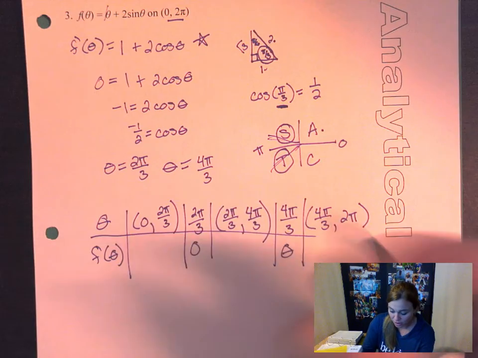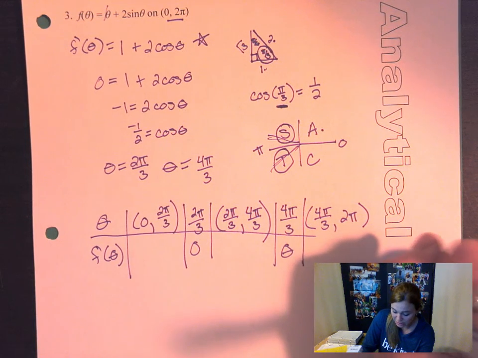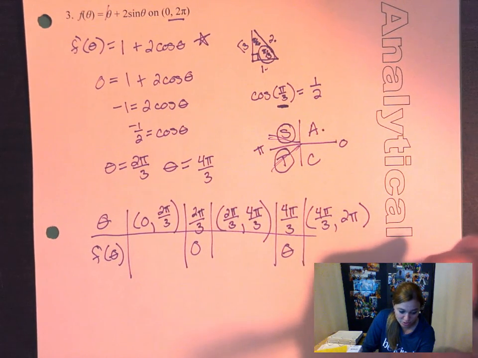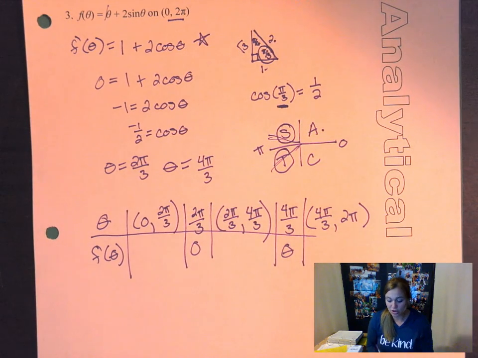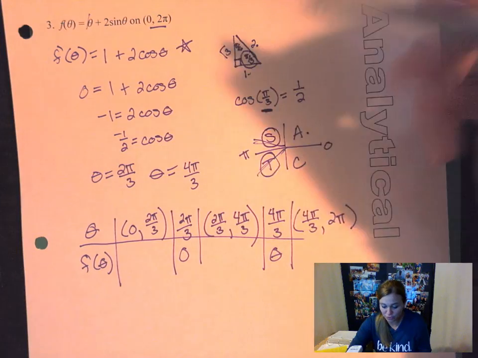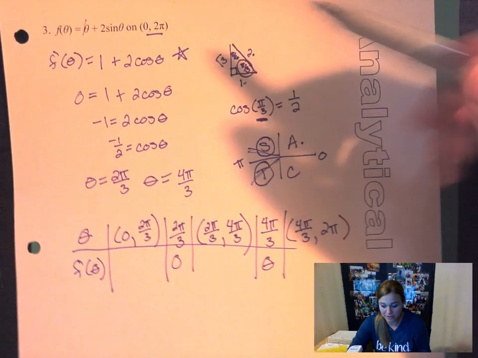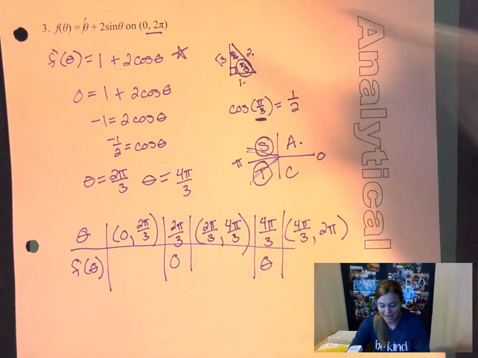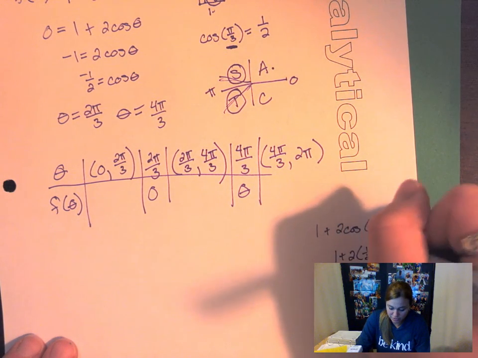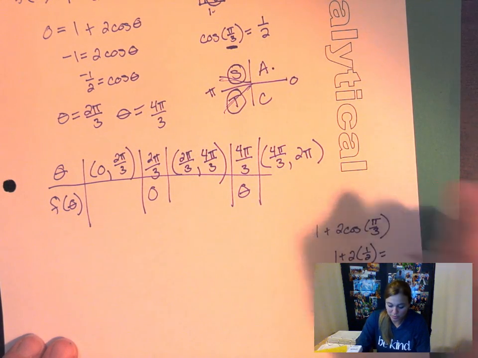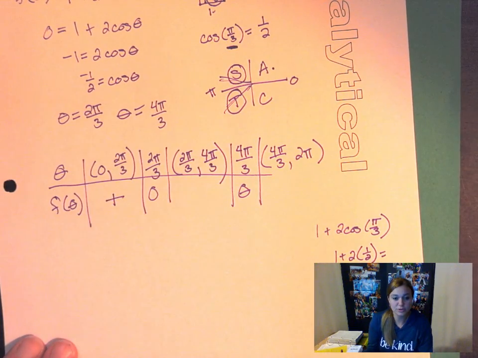If you say 1 plus 2 cosine of pi over 3, and you want to know if this is positive or negative. Well, cosine of pi over 3, we know from up here, was just positive 1/2. 1 plus 2 times 1/2 is going to be 1 plus 1. We get something positive, so we're good.